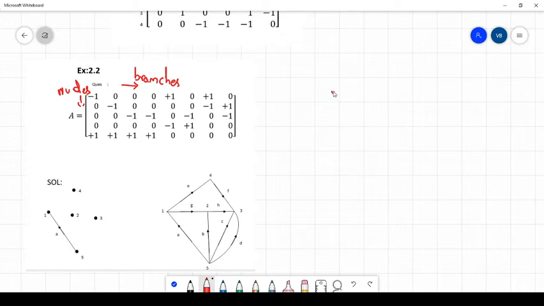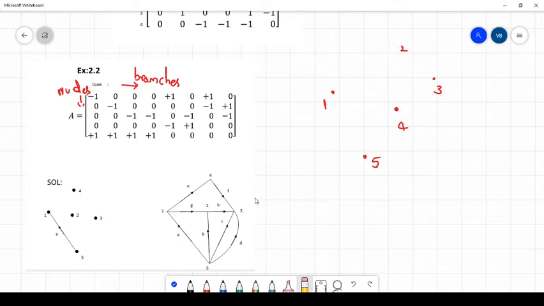You place them one by one wherever you want: 1, 2, 3, 4 and 5. The direction is independent, so you can place them wherever you want. No issue there. Okay, here I am placing the nodes again: 1, 2, 3, 4 and 5.